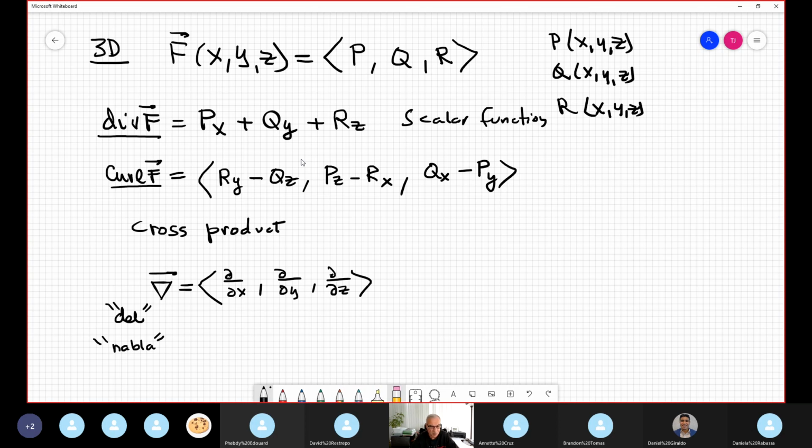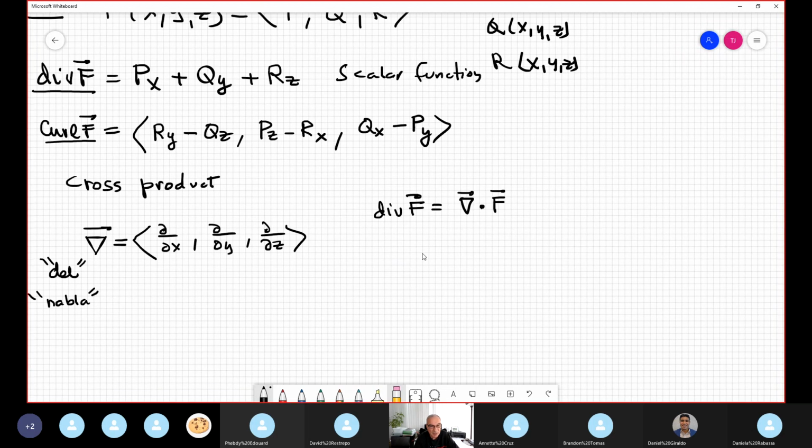And you say, well, professor, but partial of what? We have nothing here, no, because it's totally hypothetical. It's the mnemonic device to remember the formulas. So now, instead of calling it divergence of F, you put nabla dot product F. Who is nabla?